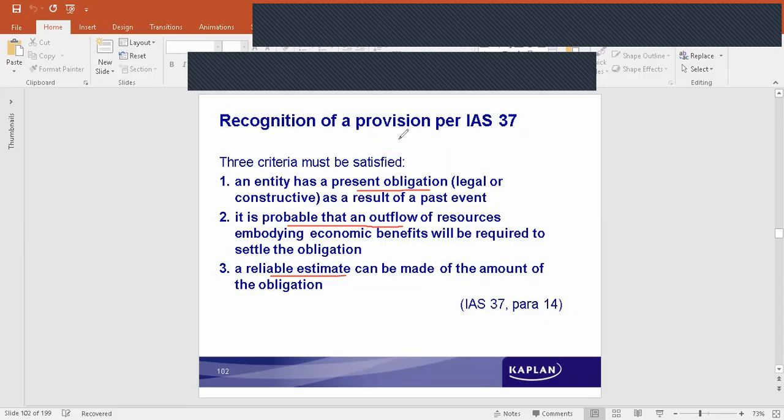The difference between provision and a reserve: the purpose is known. The entity has a present obligation because of something that has happened. It's very specific. Or there is the probability that there would be an outflow on account of something. Or it is possible to estimate some amount for a particular obligation. Purpose is specific, it is known.